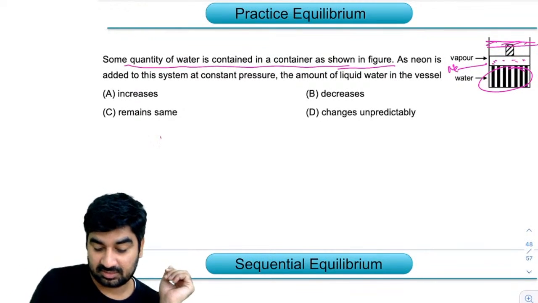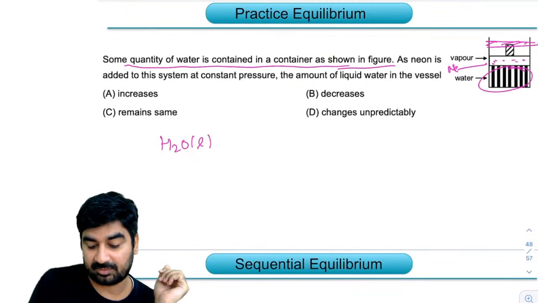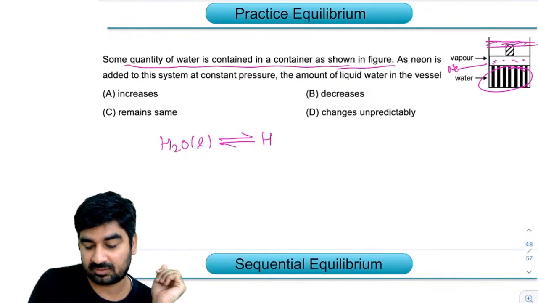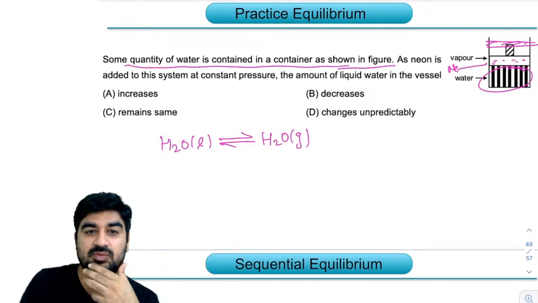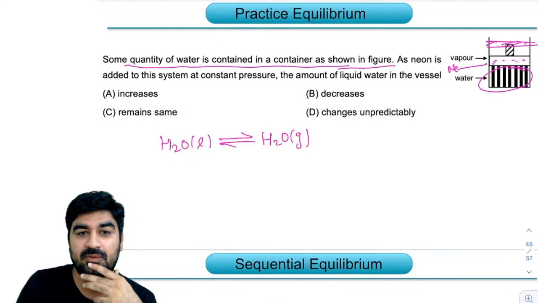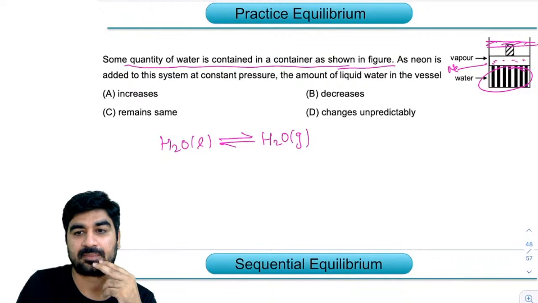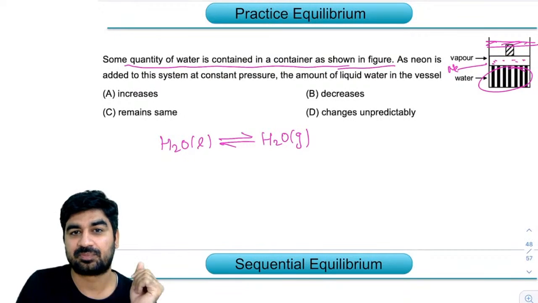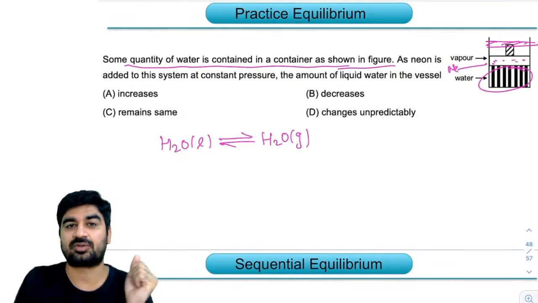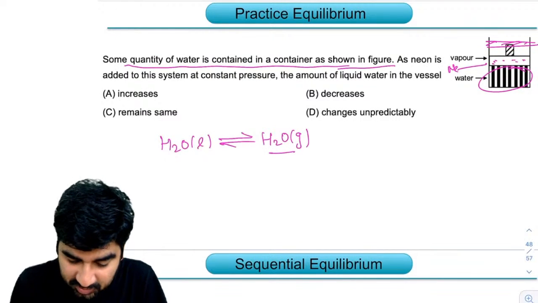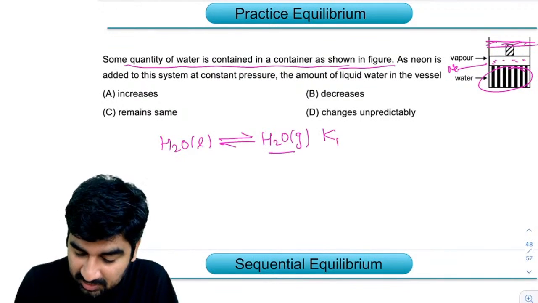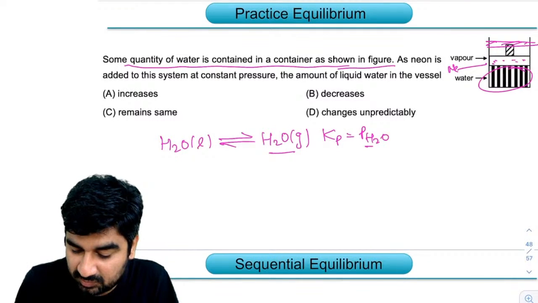So as a result, if water is at equilibrium, guys, so you will write H2O liquid in equilibrium with H2O gas. Okay, guys. So Kp is equal to partial pressure of H2O.